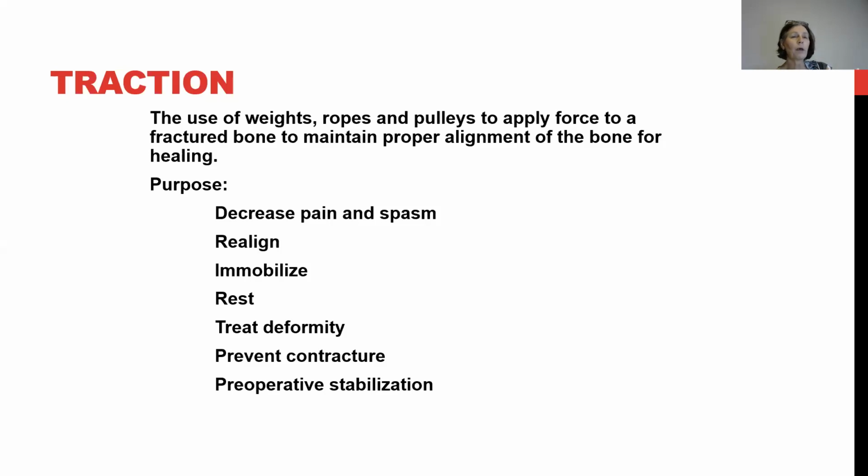It realigns the bone, it immobilizes that extremity and allows the patient to rest that extremity. They're unable to use it while they're in traction. So they're resting, and because it's pulled back into alignment, we're treating any deformity that might have occurred. We are putting everything in alignment, and we're preventing contractures. And again, most commonly it's used temporarily just to stabilize them until we can get them to surgery.